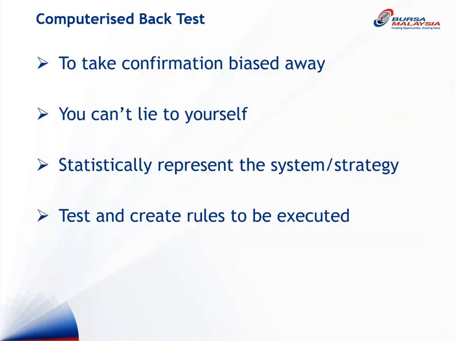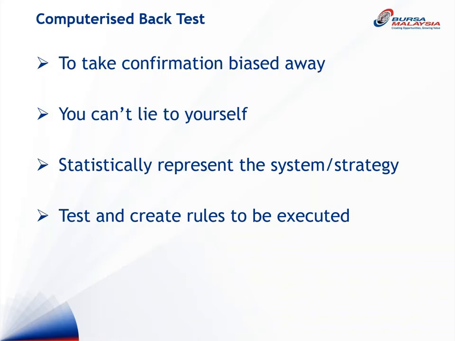So yeah, why do we actually do the computerized backtest? Because we want to take the confirmation bias away from us, and because you cannot lie to yourself. Once it shows on the screen that it doesn't make money, it doesn't make money, and you can't do anything to make it make money, because the program is passive.